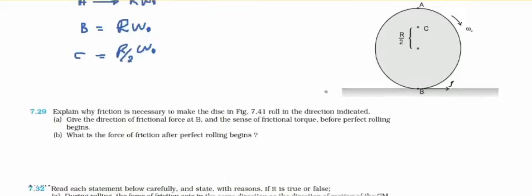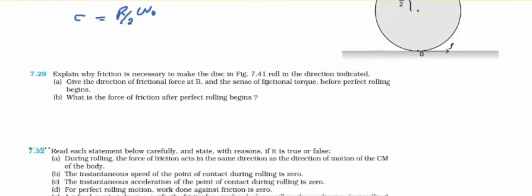So when you push the disc, the friction will give the second force in the given pair of forces. Therefore, friction is required to provide the necessary torque to start rolling. Without torque, it is not possible to start rolling. That is the reason, already in the theory we have discussed it.